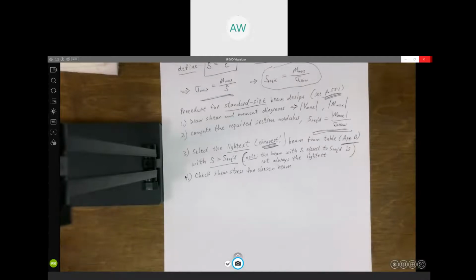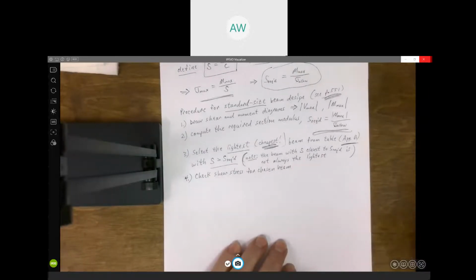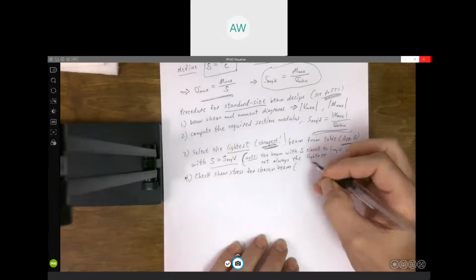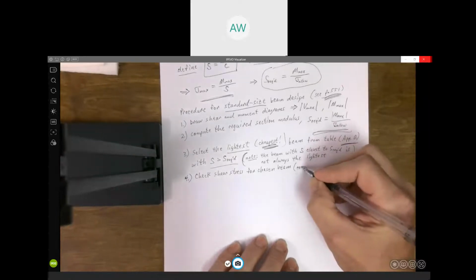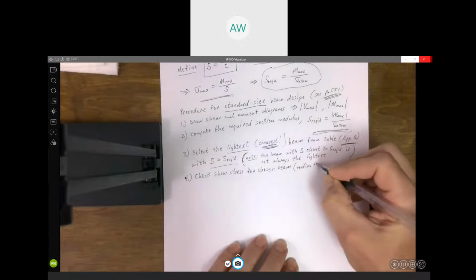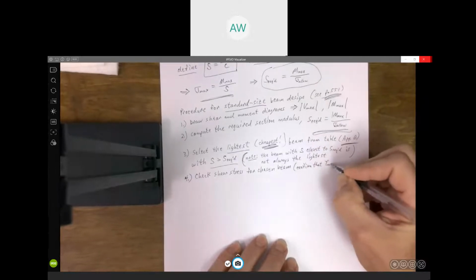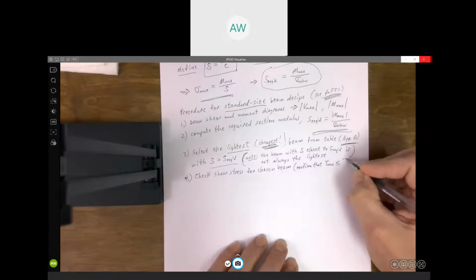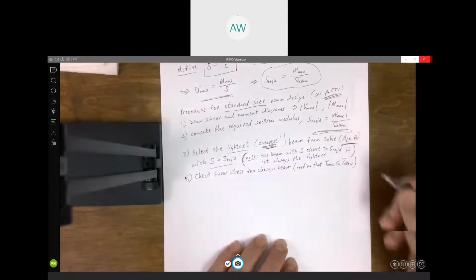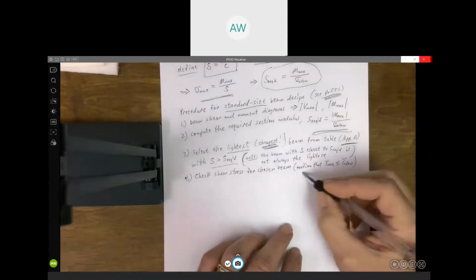Whichever beam you choose, we're going to calculate the maximum shear stress and verify and confirm that tau max is less than or equal to the allowable.